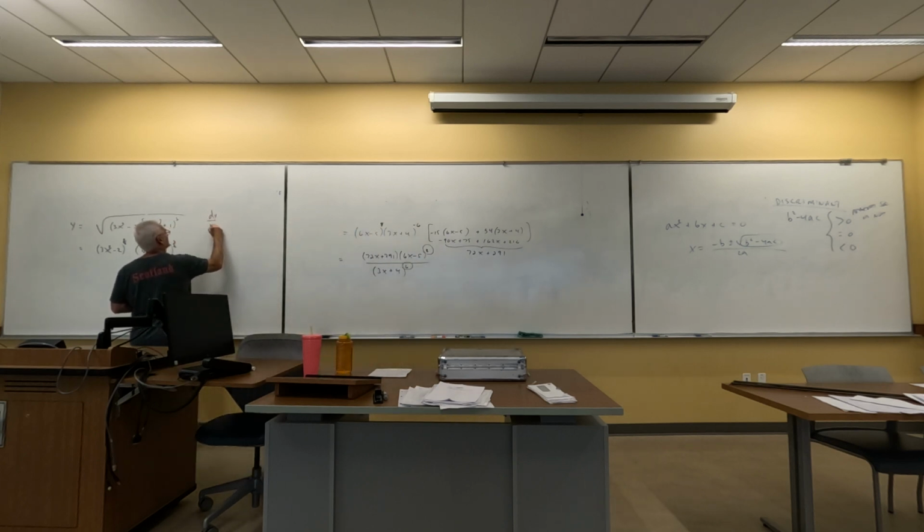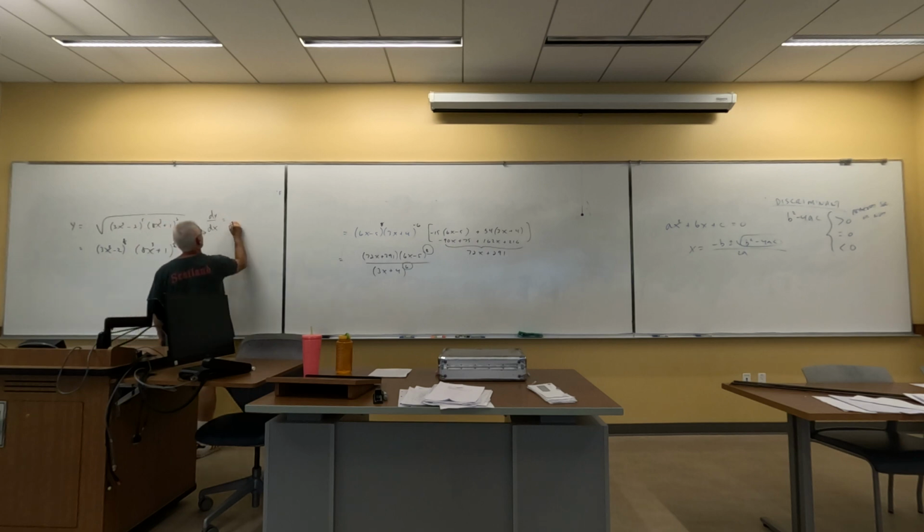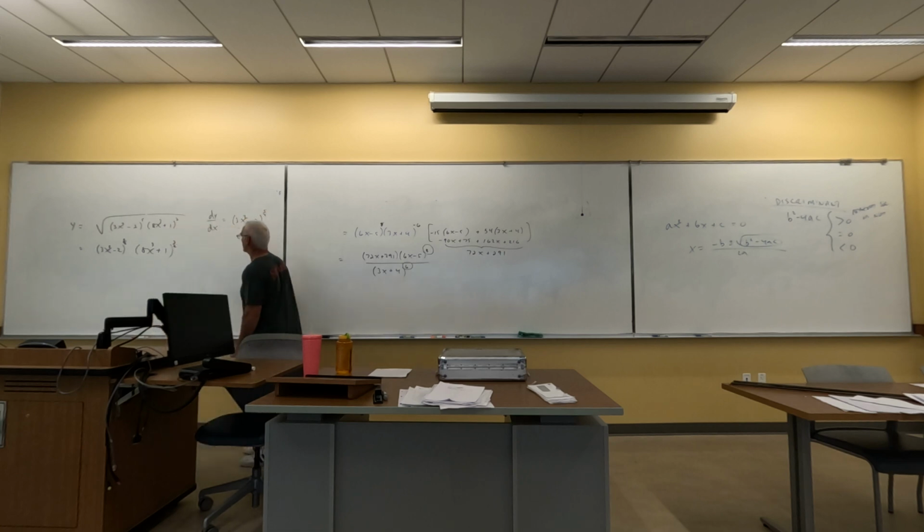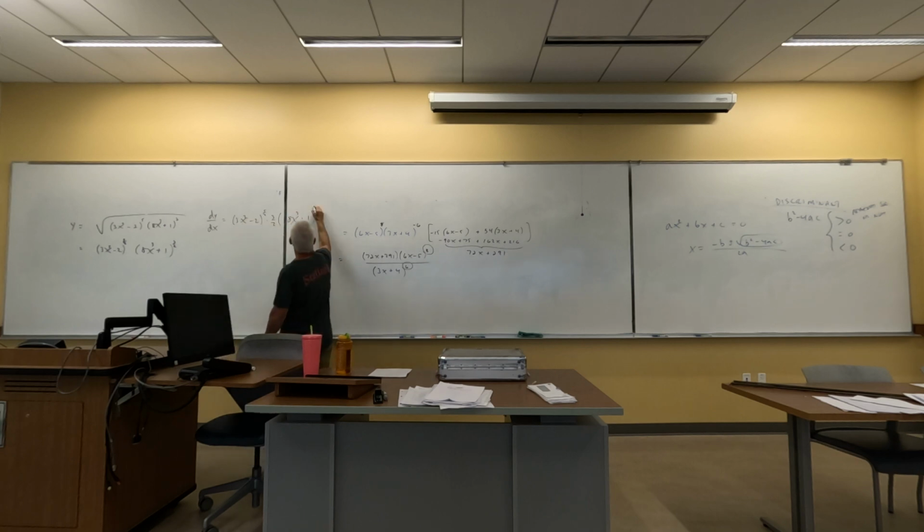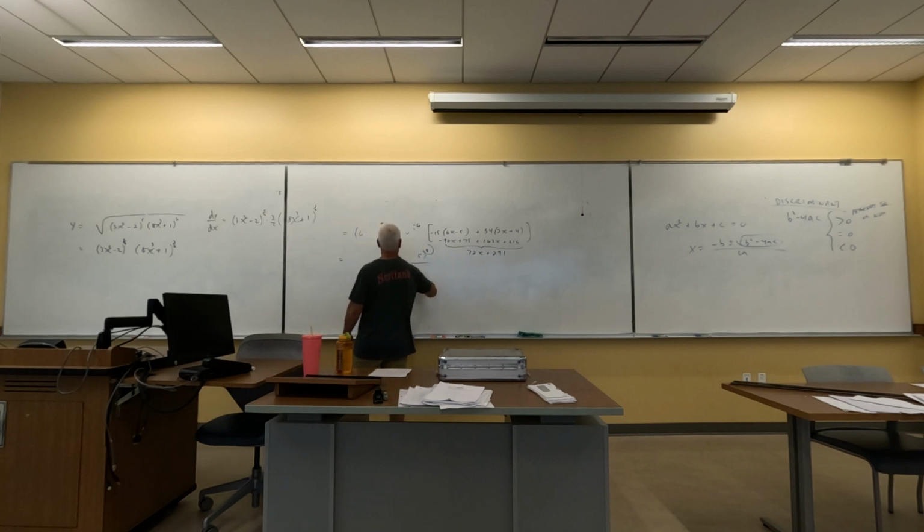So dy/dx is the first times the derivative of the second. What's the derivative of the second? 3/2 times the thing to the power of a half, to the positive 1/2, agreed? Yeah, positive 1/2. Good.